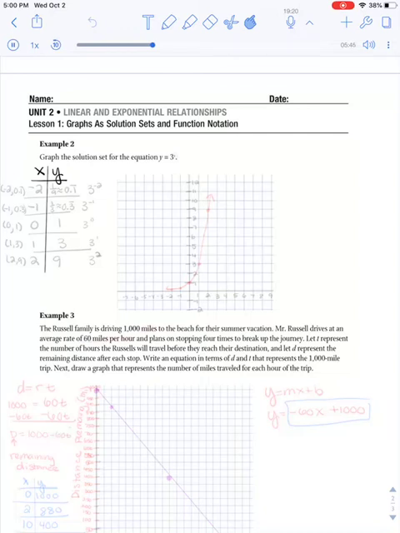Let's pick negative 2, negative 1, 0, 1, 2. All right, so if you plug in negative 2, 3 to the negative 2nd power is going to be equal to 1/9, which is around, if you use your calculator, 0.1.